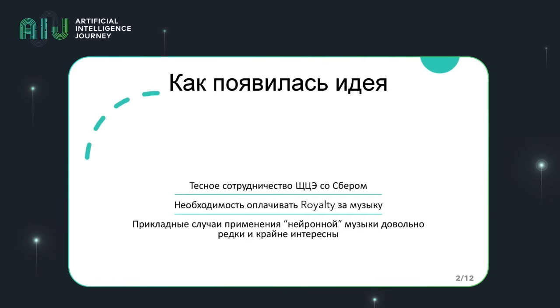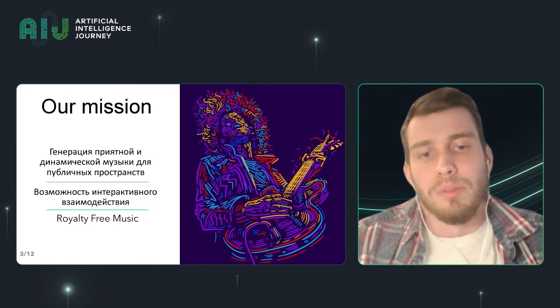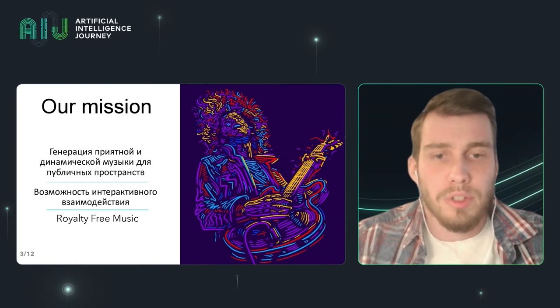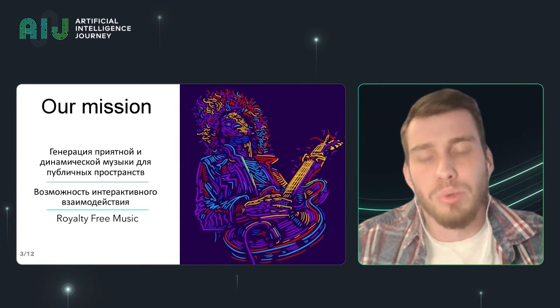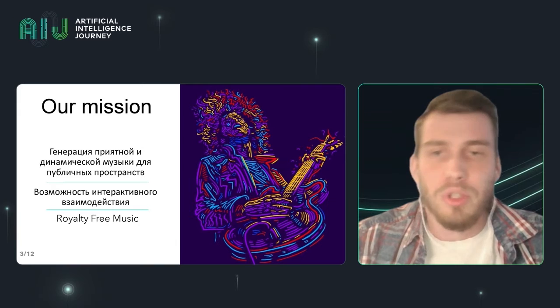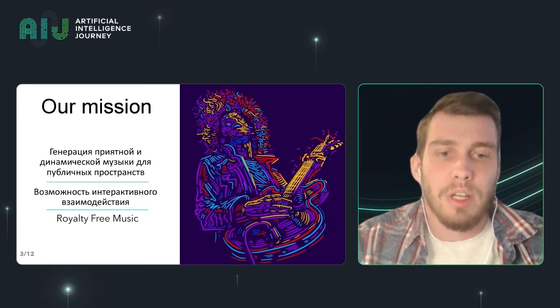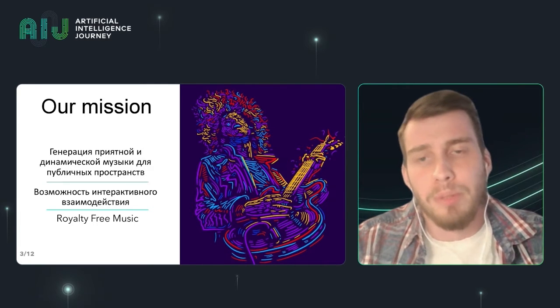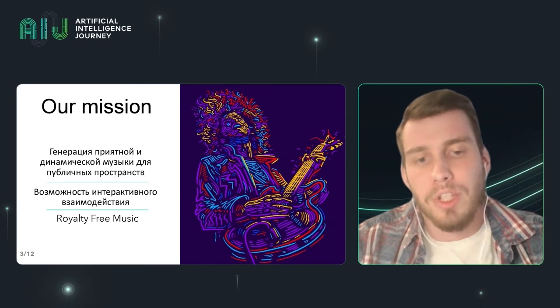The applications are quite rare but very interesting, and it can be used pretty much everywhere, for ads and for other things. And thus we came to the value proposition: the generated music should be free to use in public places. Even though we cannot generate great music all the time with neural nets, we can cherry pick the best ones.